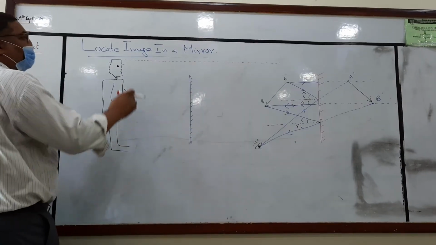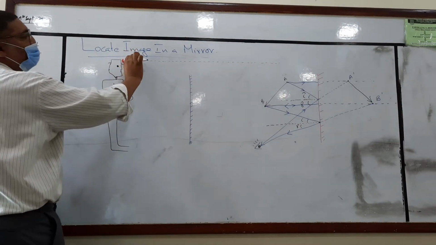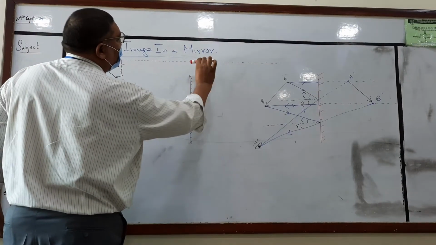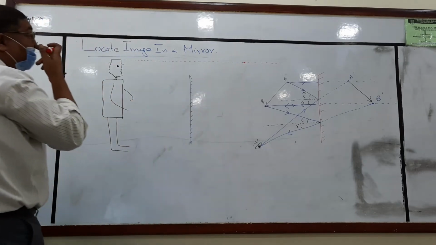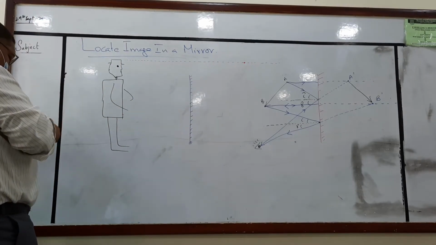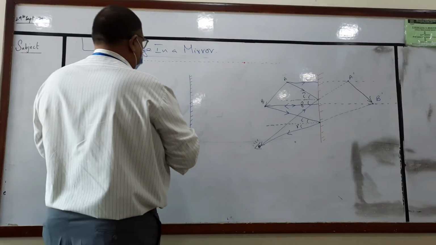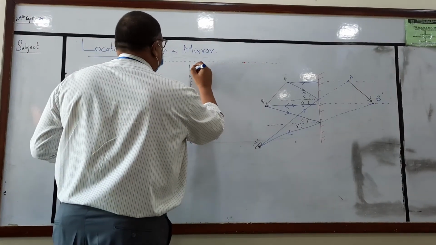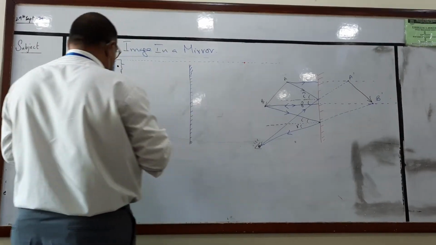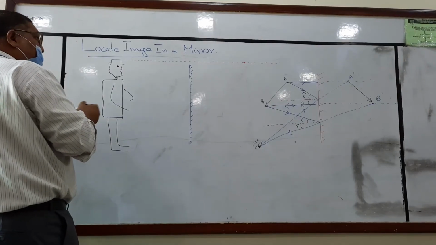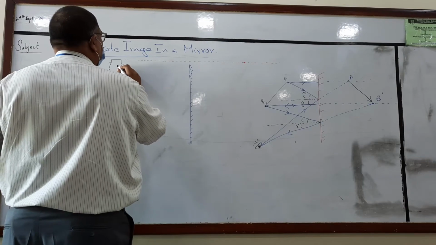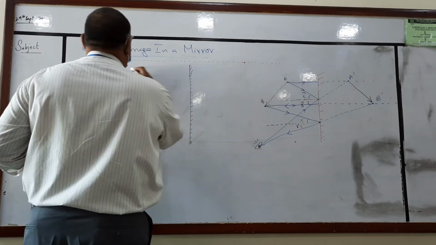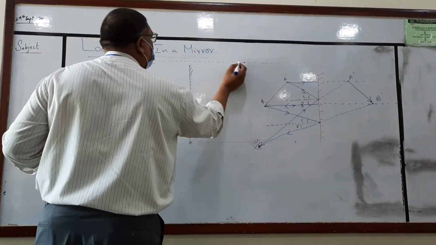Check how much is the distance. Half meter. Join this point with your eyes. So bring this line to the eyes.